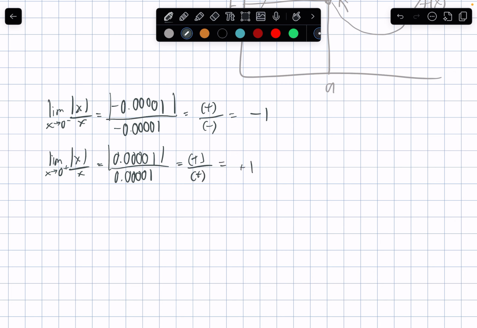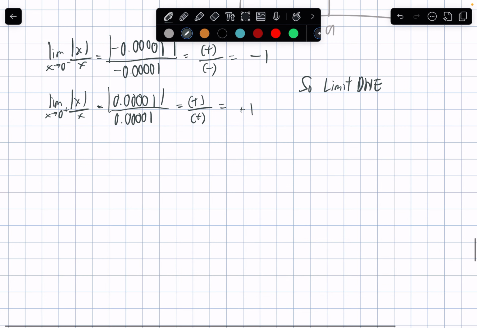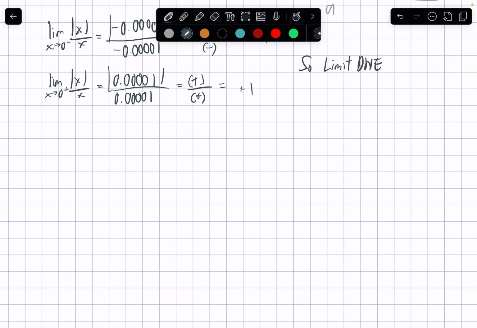Therefore, you have positive 1. Since it is identified that these are not equal, the limit does not exist. Granted that if these two values were the same, the limit would exist, but in this case it doesn't. Okay, another example.